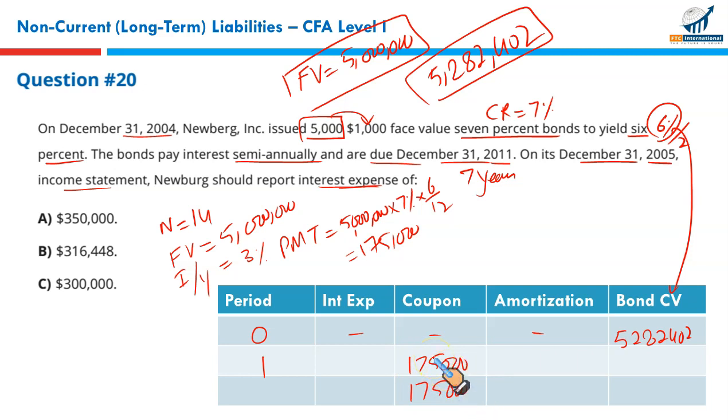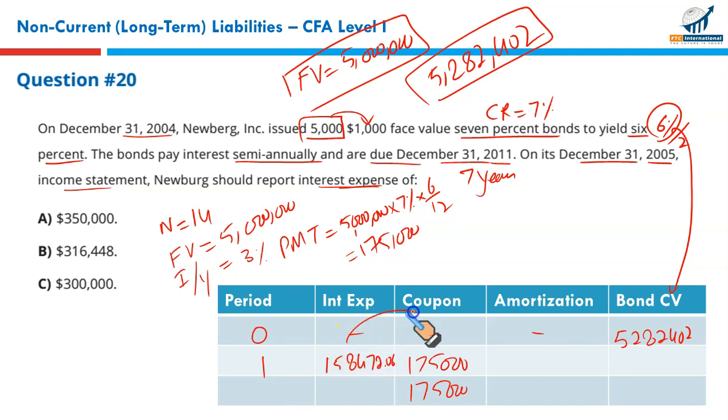So the interest expense for the first period will be, you'll take this amount, 5282402, that's the book value, multiply this with 6% and divide it by 2, or simply multiply it with 3%. It gives you 158,472. This is the interest expense for the first period. It's not the first year. It's the interest expense for the first 6 months.